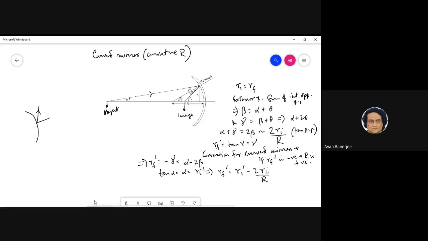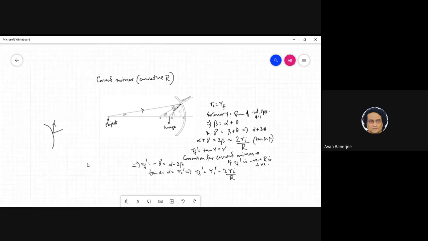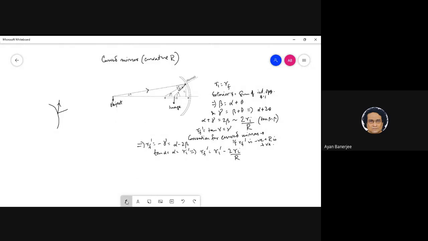So straight from here we can write that Rf prime is the matrix [1 0; -2/R 1] times Ri prime, right?